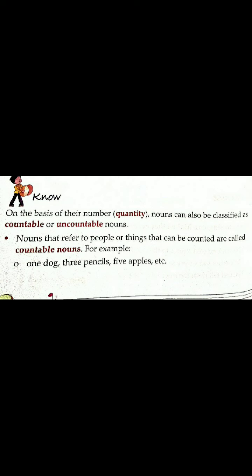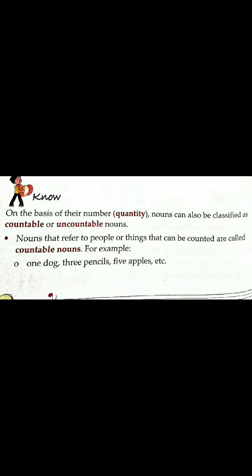Now countable noun and uncountable noun. This is another type of noun in number. It is also very easy. On the basis of their quantity, nouns can also be classified as countable or uncountable nouns.